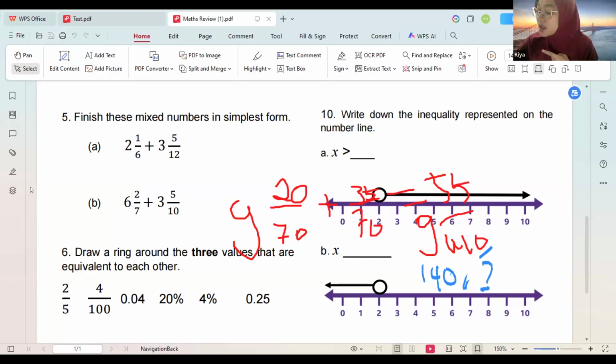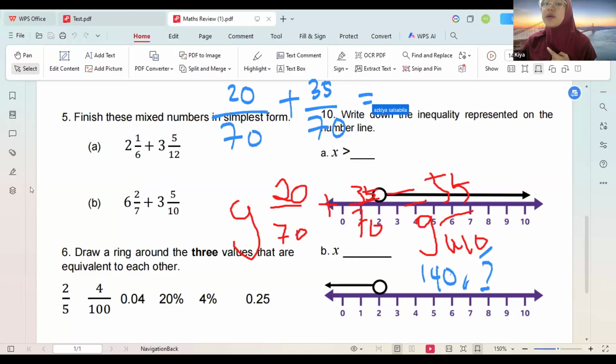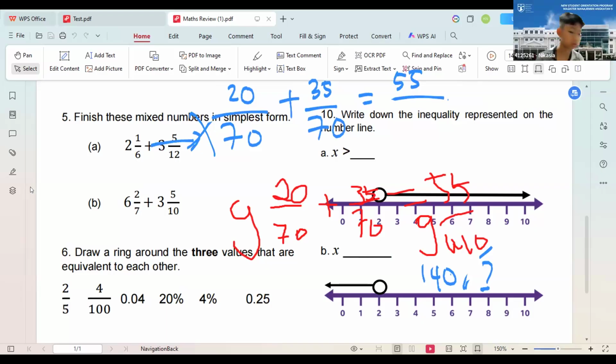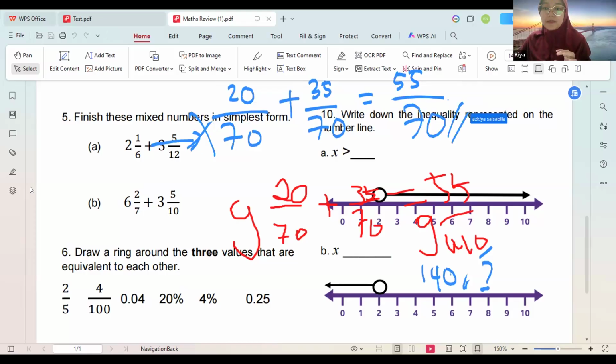So if you add 20 per 70 plus 35 per 70, you can only add the numerators. What is the result? 55 per, and for the denominator you cannot add or subtract. What is the result of the denominator? 70.